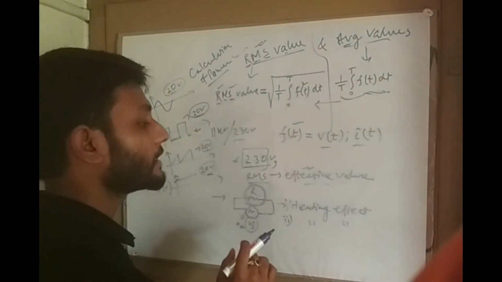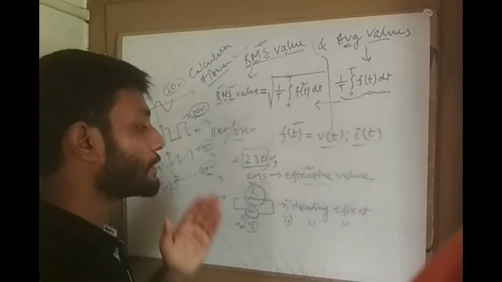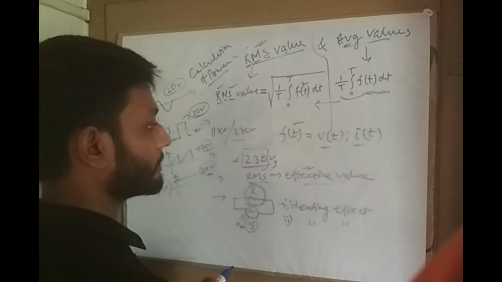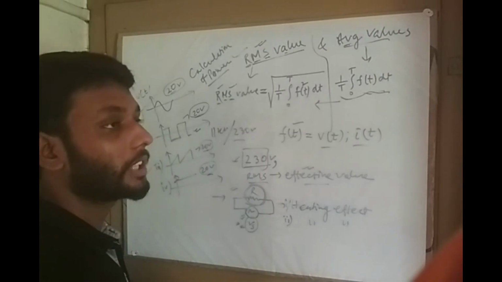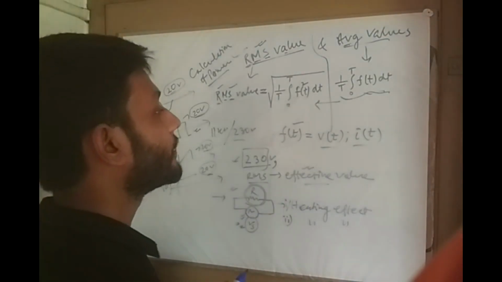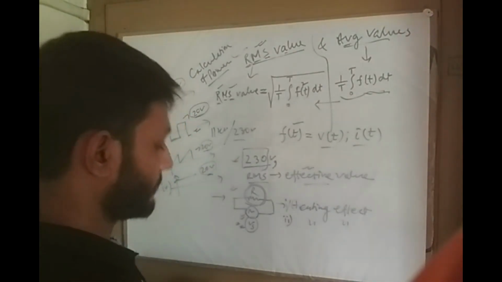So RMS value is nothing but the effective value which produces the same heating effect in a circuit. So this RMS value is based on the heating effect. Now we will see different waveforms and their RMS values.